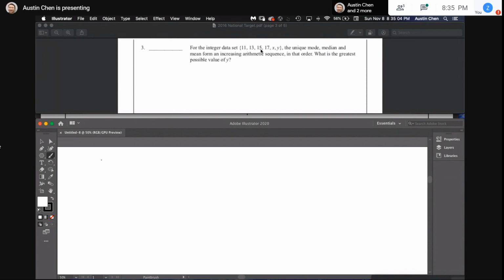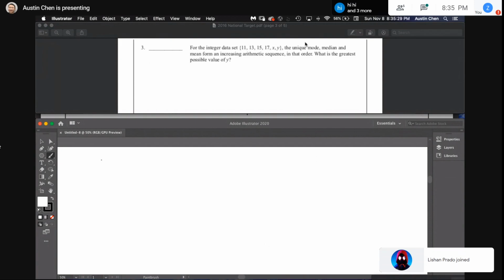So we know the median is somewhere in here. And we want to maximize the mean, because the greatest possible value of y most likely occurs with the greatest mean we can get. The median is pretty much fixed.